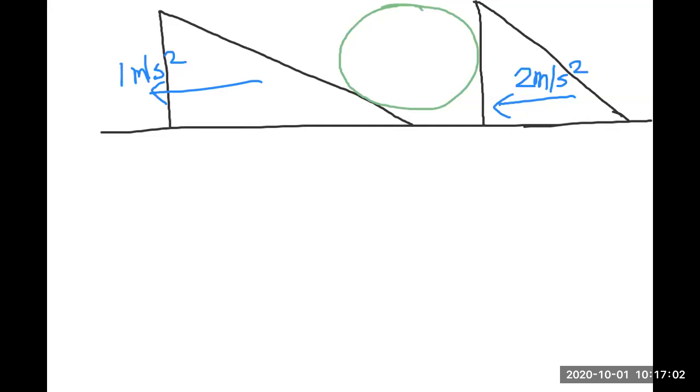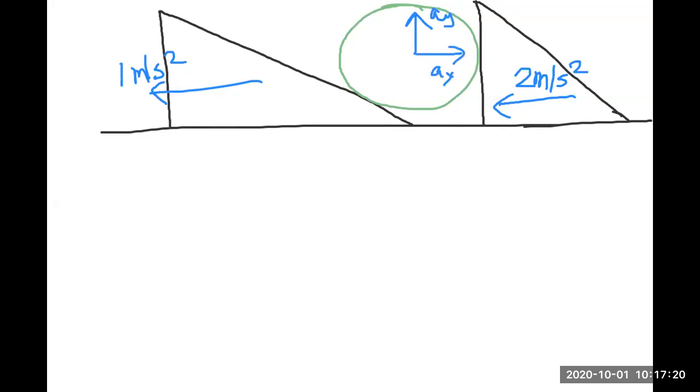Well, I don't know what the acceleration of the sphere is. So I will assume that the acceleration of the sphere has some y component ay and some x component ax.